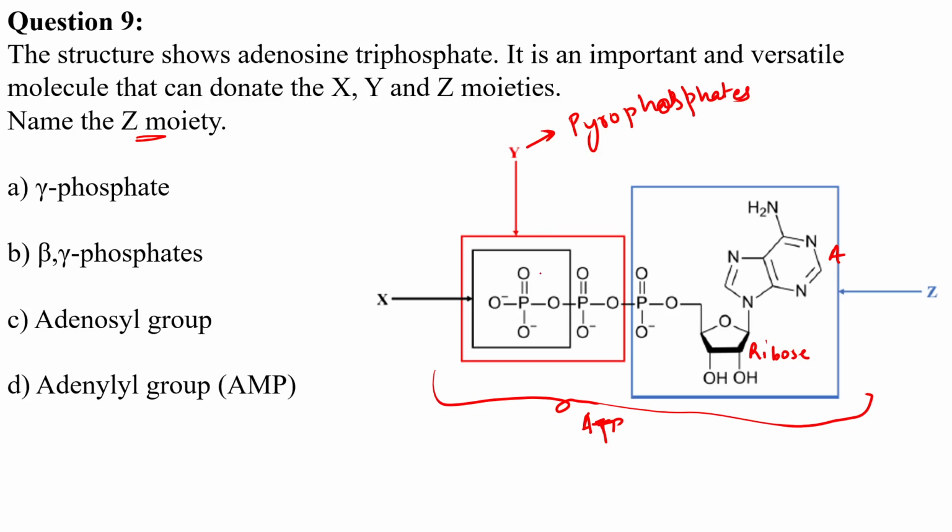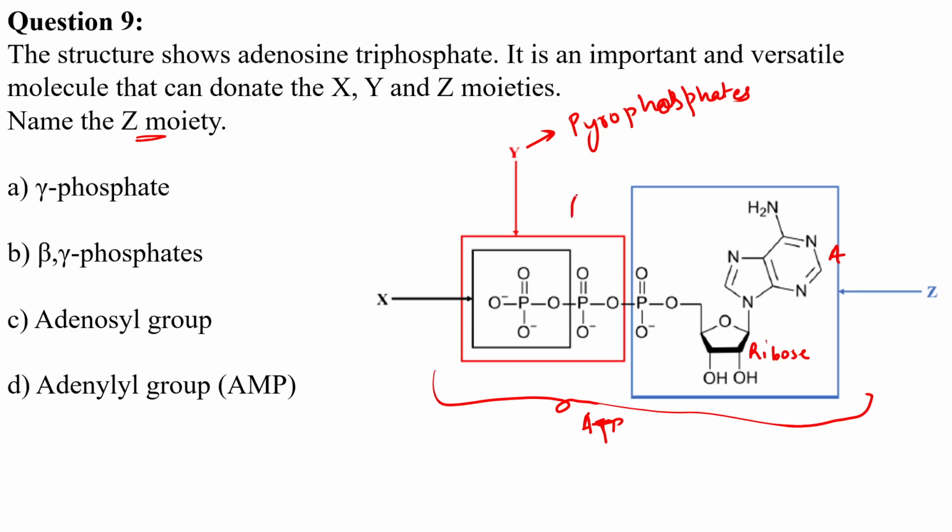So Y is the pyrophosphate and X is monophosphate. So when Y is removed from ATP, it becomes AMP. When X is removed from ATP, it becomes ADP.